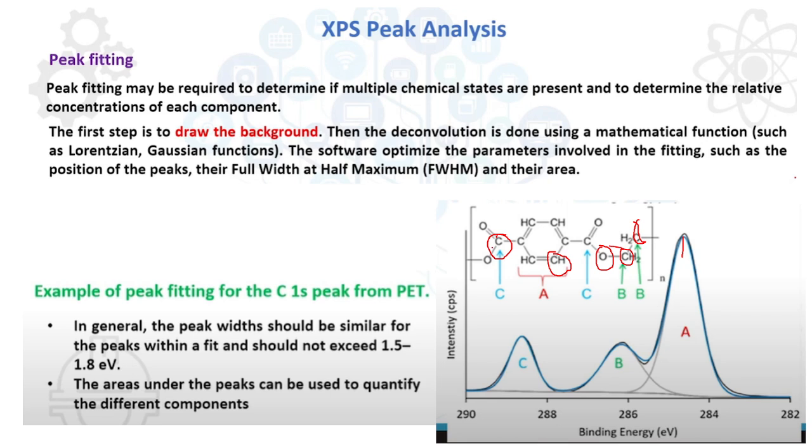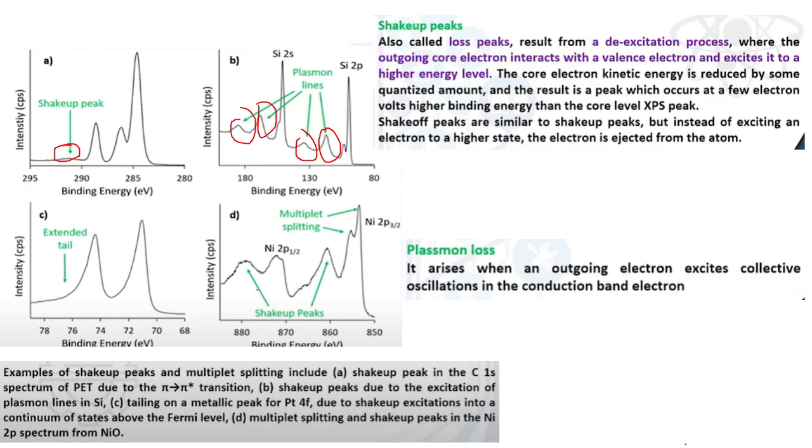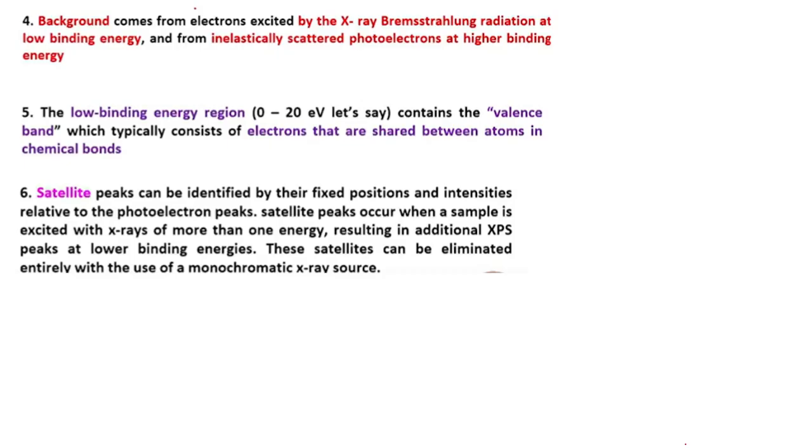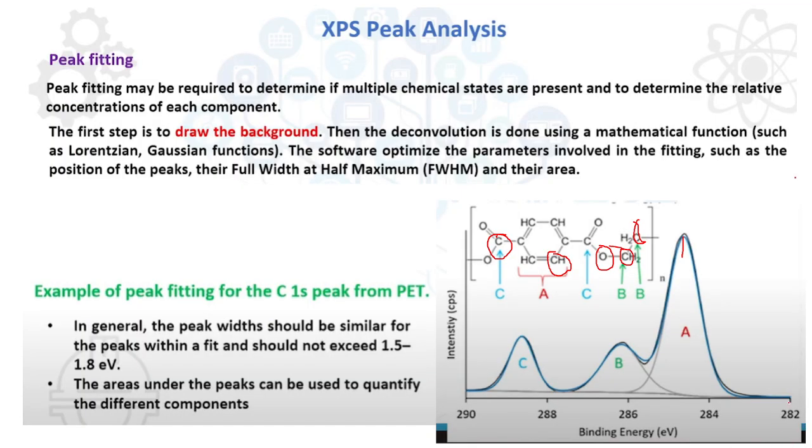So now the carbon is feeling a greater effective nuclear charge. That's why the binding energy for this type of carbon comes at around 289, most probably, because of the presence of oxygen. So whenever there is an electronegative group, the binding energy will be higher. That is as simple as it is.